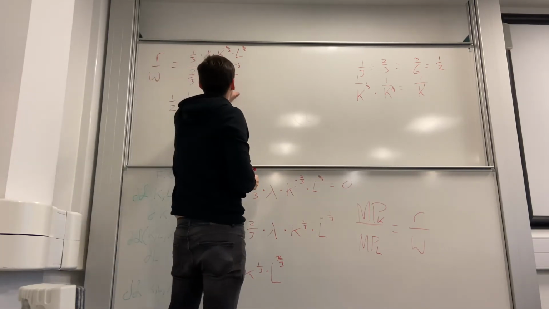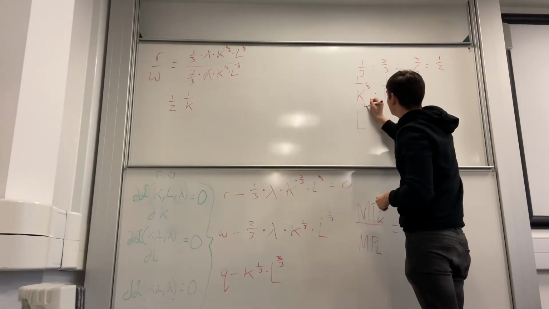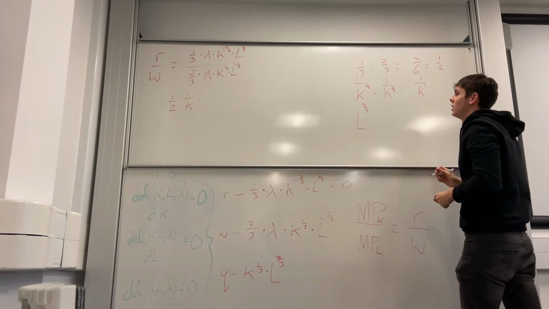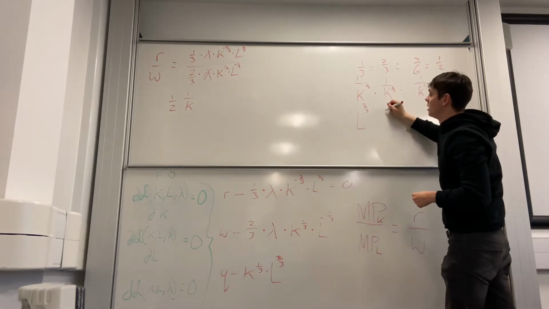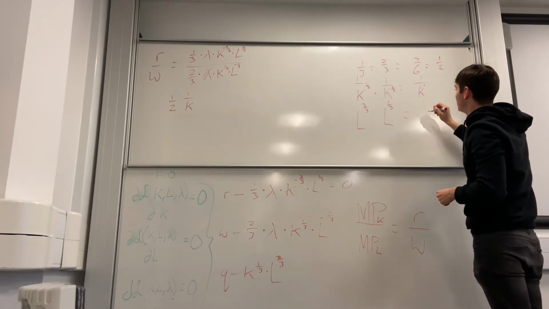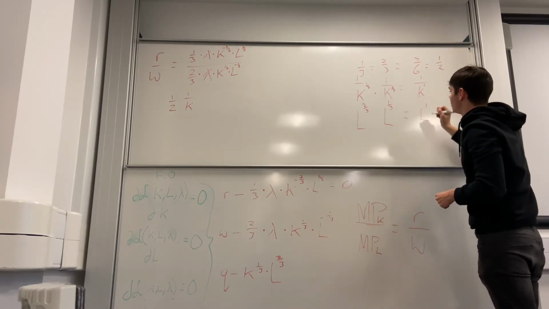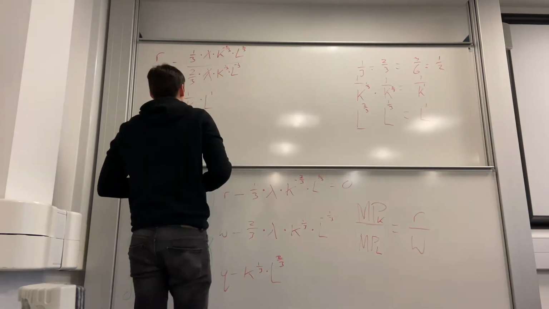And then next, to do the labor, we do the same thing. So it's L to the power of 2/3, and then you can rearrange this one to become L to the power of 1/3. And that's going to become L to the power of 1. We put times L to the power of 1.